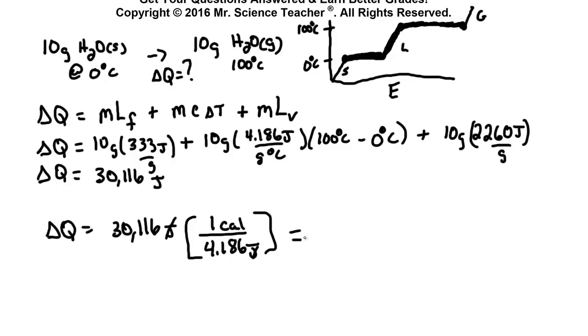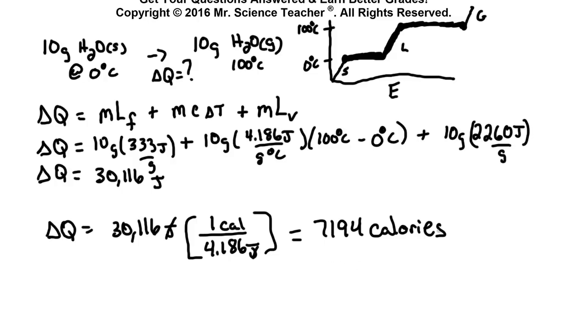So we'll have 30,116 divided by 4.186, and I get 7194 almost. 7,194 calories. And you see, it's just that easy.